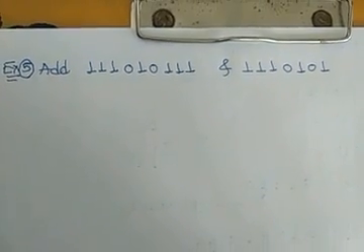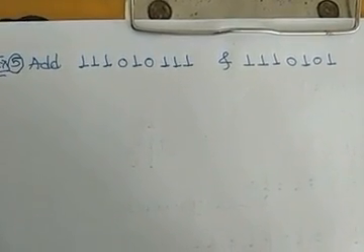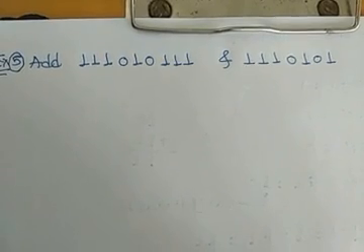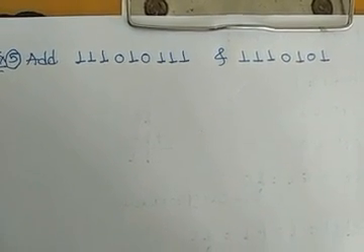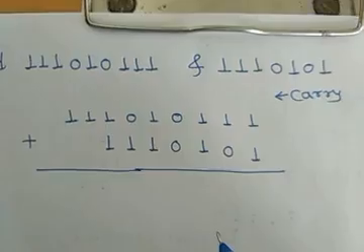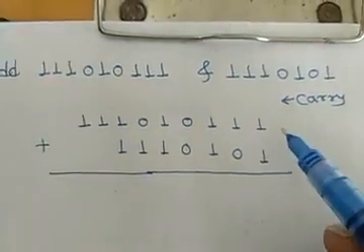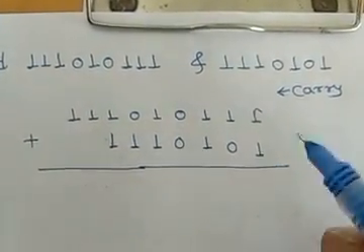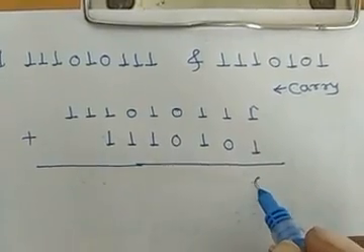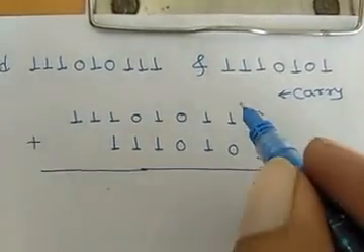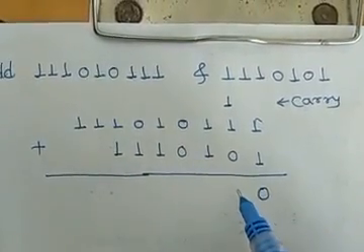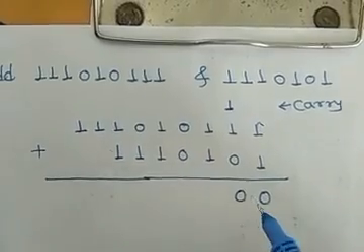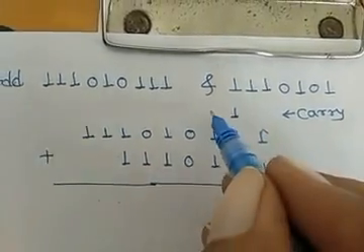Next example, add 111010111 and 1110101. Here 1 plus 1 is again 10, so we write 0, carry is 1. Again 1 plus 1 plus 0 is 10, so write here 0, carry is 1.